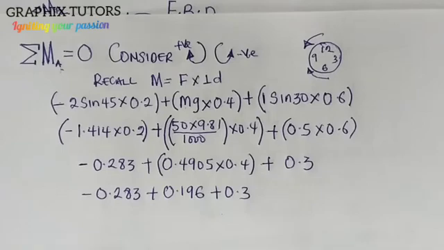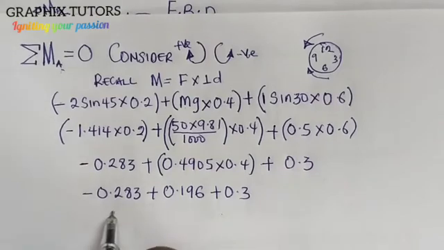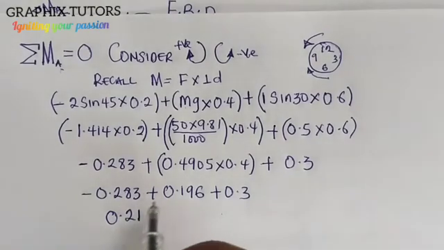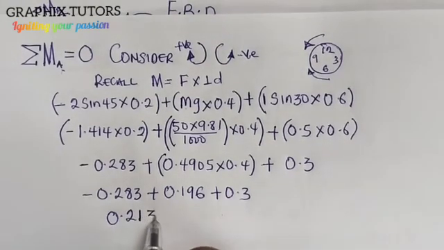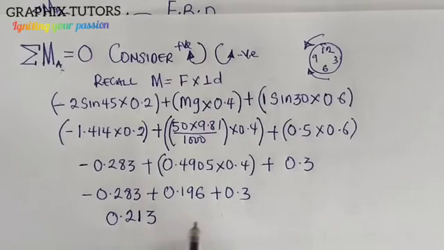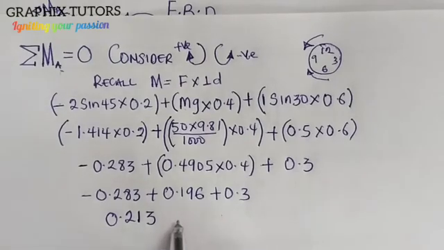So we're having 0.213. Is that taken? So from here, everything we're doing here is equated to 0.